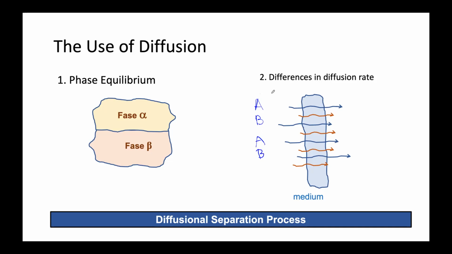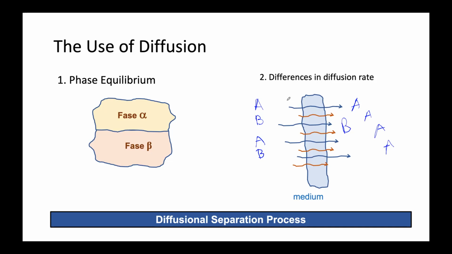If A travels faster compared to B, then A would pass through this medium much faster, so we're going to reach maybe more A, and B would be just a little. So the difference in diffusion rate is used for membranes.